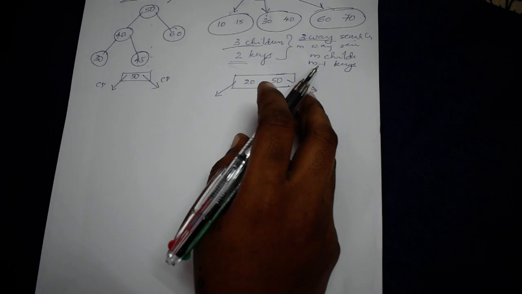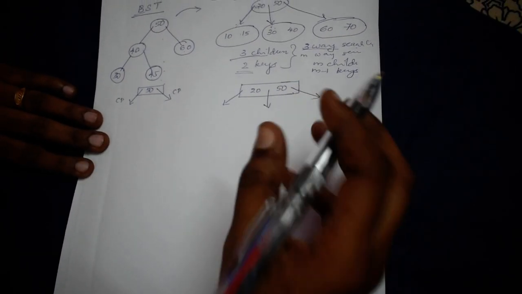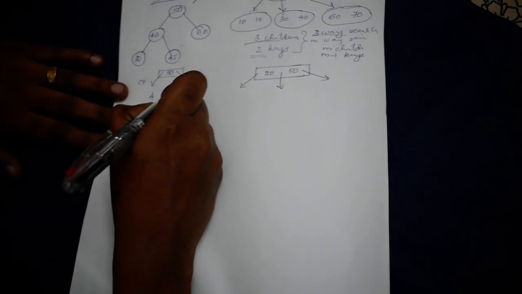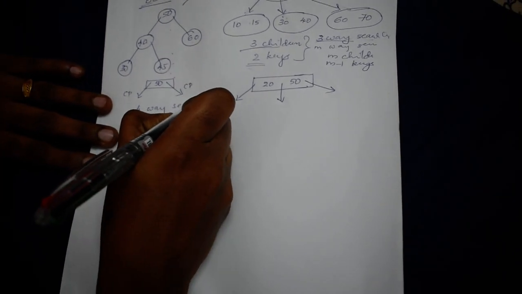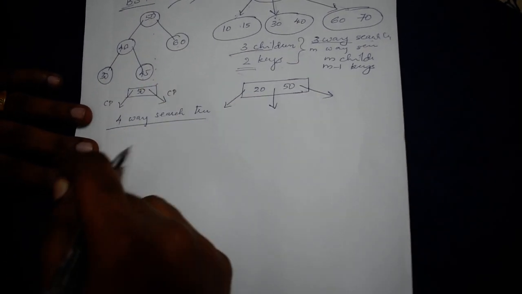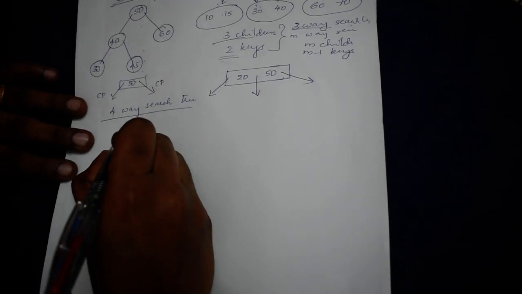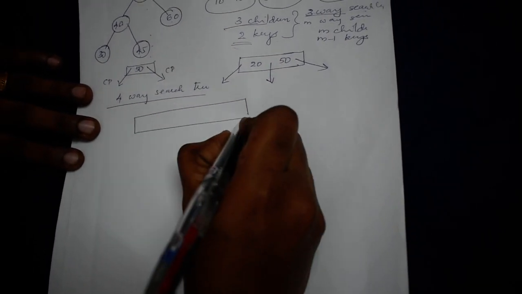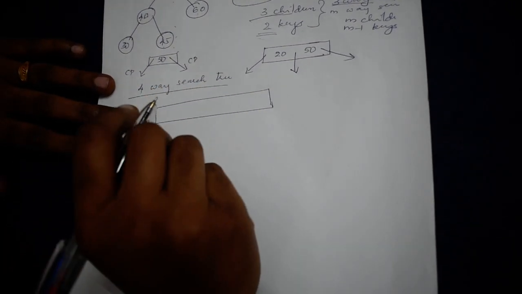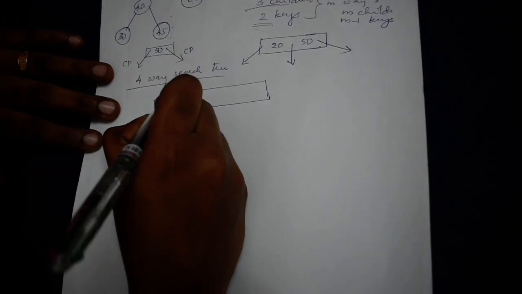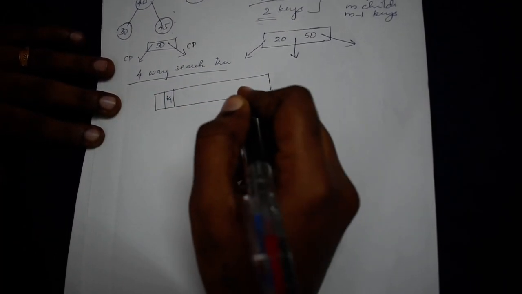So here, suppose I want to create a four-way search tree and I have to make it an index, then I will create a node like this. Okay, so the node will be like this. Suppose this is key 1.